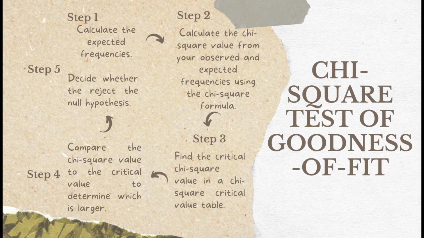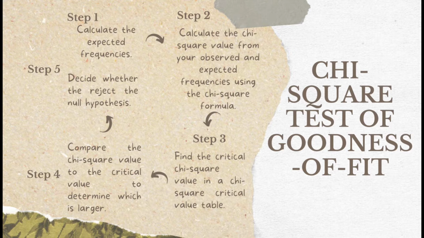The first step is to calculate the expected frequencies. In general, we need to multiply each group's expected proportion by the total number of observations to get the expected frequencies. Step 2 is to calculate the chi-square value from your observed and expected frequencies using the chi-square formula.